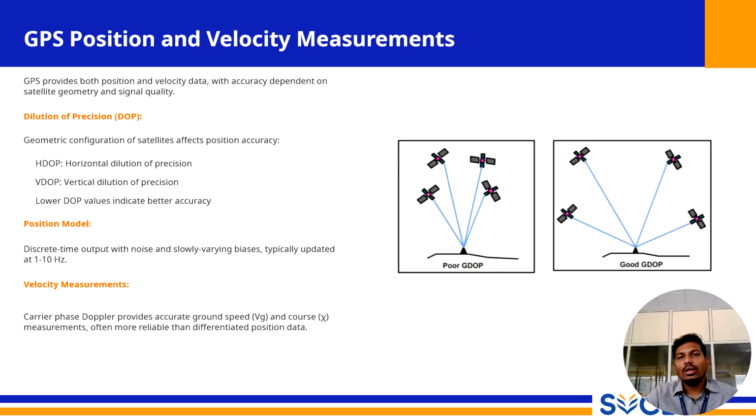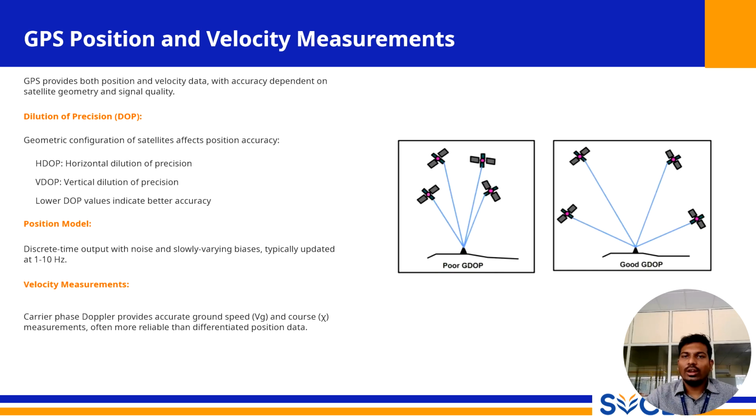Beyond the inherent error sources we just discussed, the accuracy of GPS measurement is highly dependent on several operational factors. As the slide indicates, GPS provides both positional and velocity data with accuracy dependent on satellite geometry and signal quality.